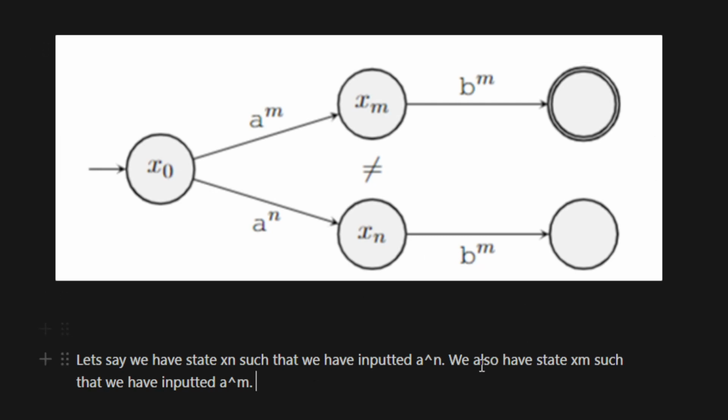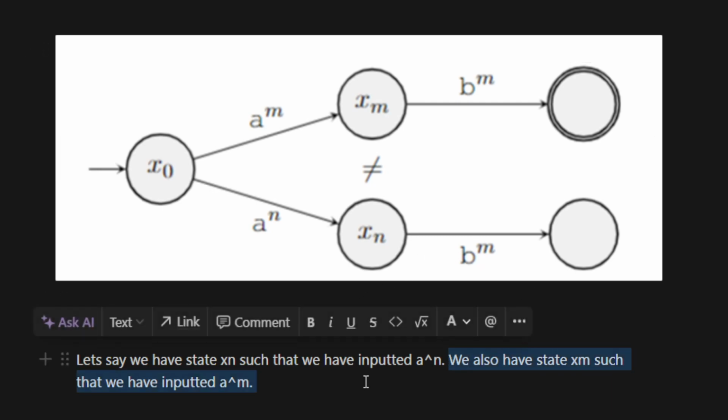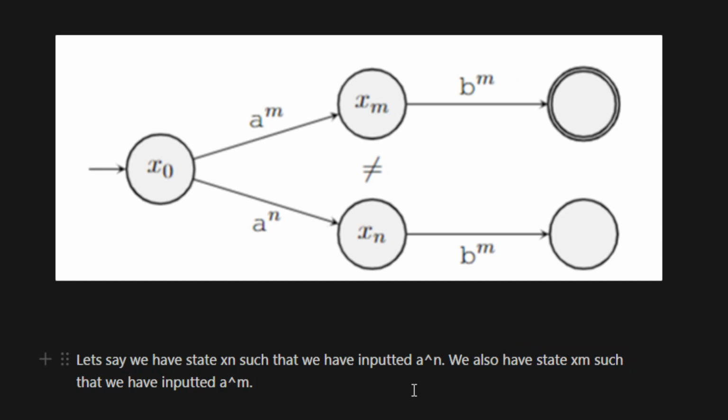So, like I said, we have the state xm, such that we have inputted a to the power of m. If I just define m before, let us say that n and m are in the natural numbers such that n is not equal to m, right?